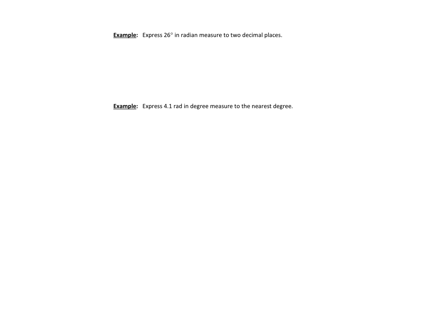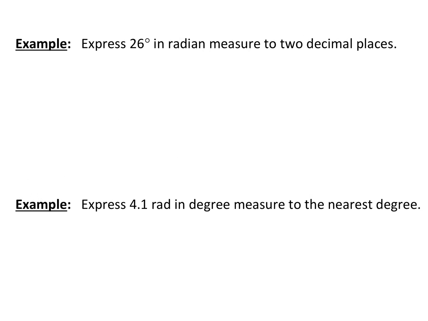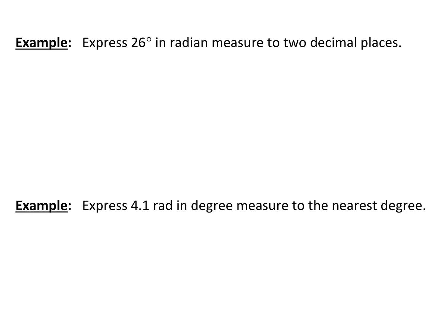What if we have a not so nice angle, like 26 degrees, and we want to write that in radian measure to 2 decimal places? It's similar. You still take 26 and multiply it by pi over 180, but now I don't need you to write this as a fraction. In your calculator, punch in 26 times pi divided by 180.